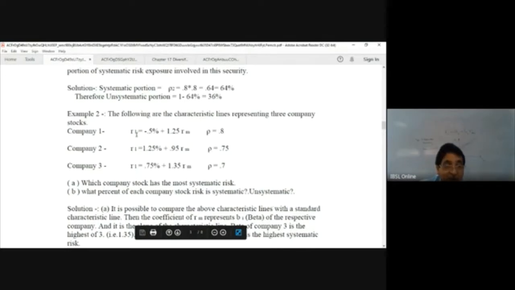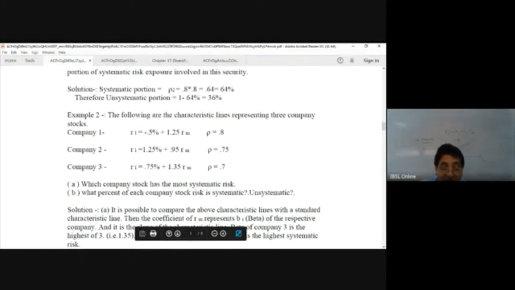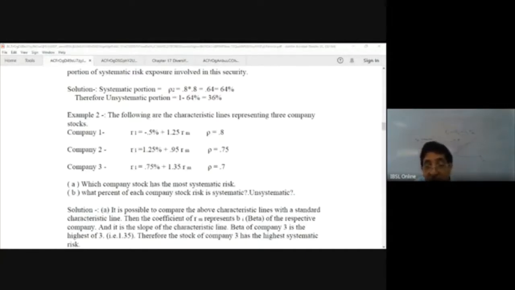Now just look at the equation Ri equals Ai plus Bi Rm. Now in the place of Bi, what is here? So that is what you call beta. Yes, of course, 0.95. Ms. Ansala, correct. Rammelini is correct, yes, 0.95.